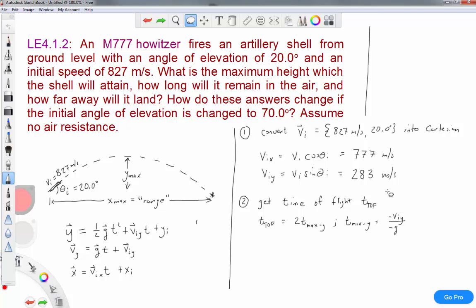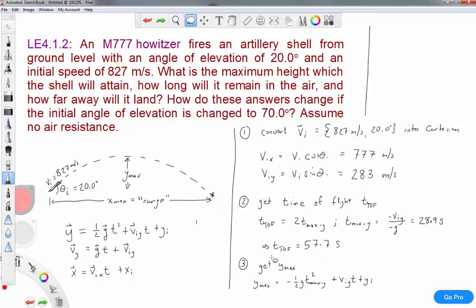You find that it takes about 28.9 seconds to get to the apex of the arc. Then you get the total time of flight by multiplying by 2, so 57.7 seconds in the air.